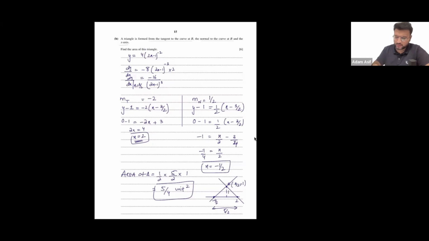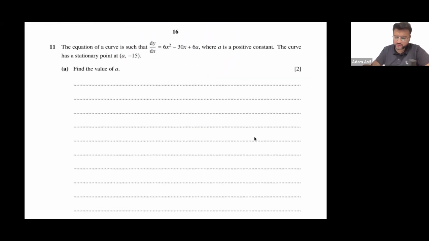Okay, last question then. The equation of a curve is such that dy by dx expression is given, where a is a positive constant. The curve has a stationary value at a comma minus 15. We need to find the value of a. Okay, so we know that the stationary point occurs at x equals a.